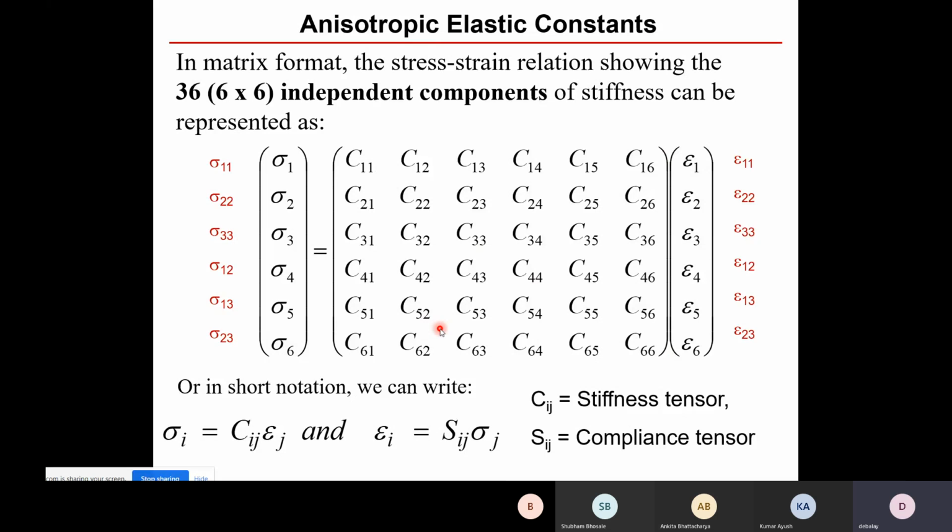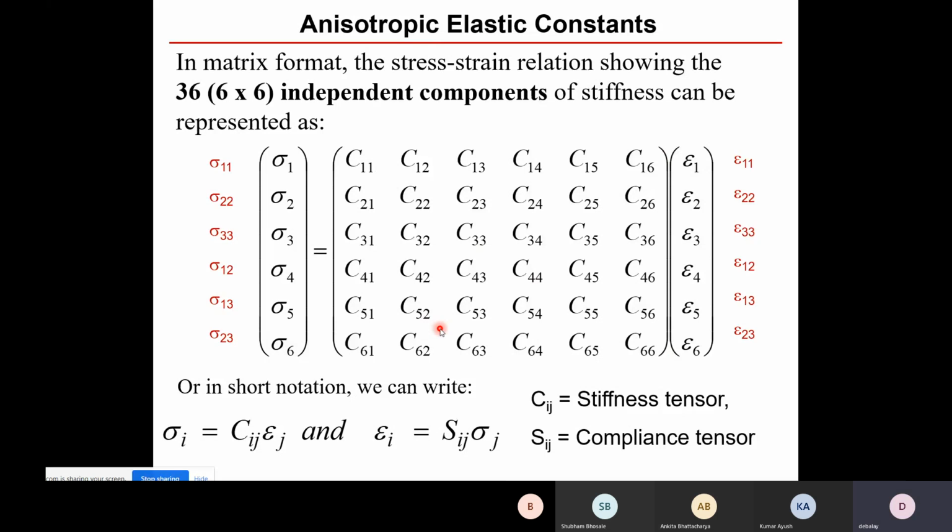And when do you need to know so many stiffness constants to relate the stress tensor and strain tensor? When your structure is most anisotropic. And when is it most anisotropic among the crystal systems? When it is triclinic.